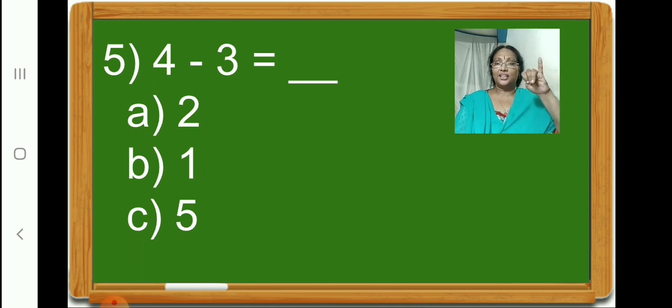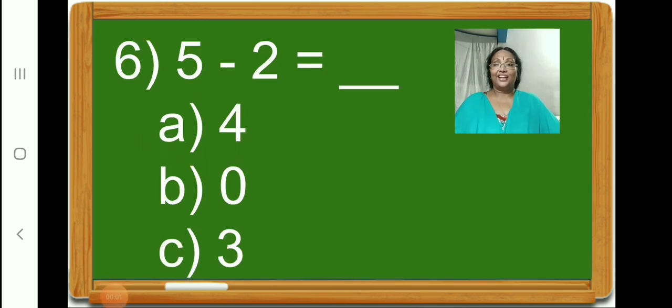Now count and see how many fingers are left. 1. Therefore children, 4 minus 3 is equal to 1. Now children, we have to select the correct option from the given answers. Okay? So now let us select the correct option B, which is the correct answer.